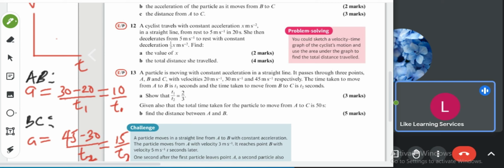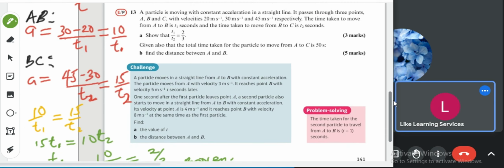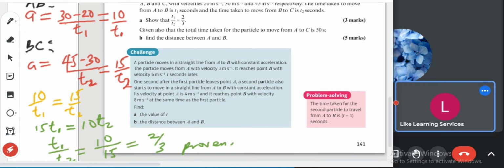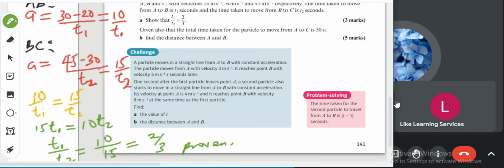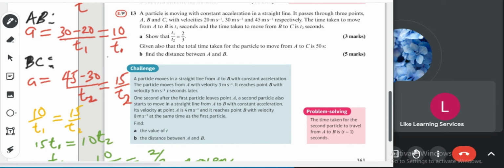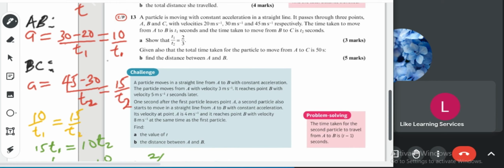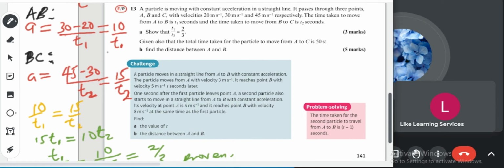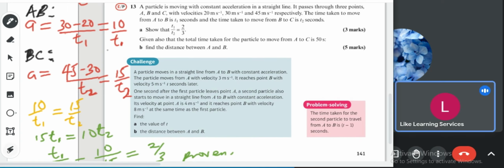Now it says find the distance between A and B. There's an additional piece of information.